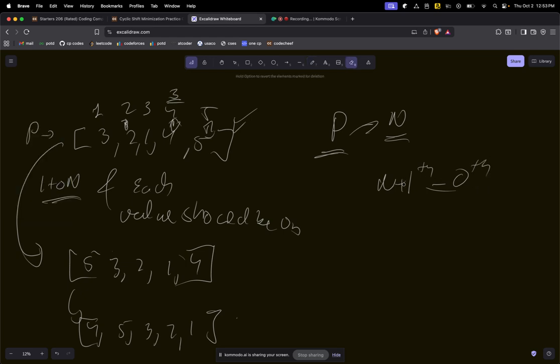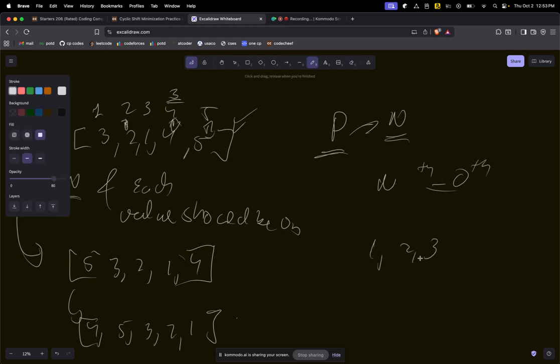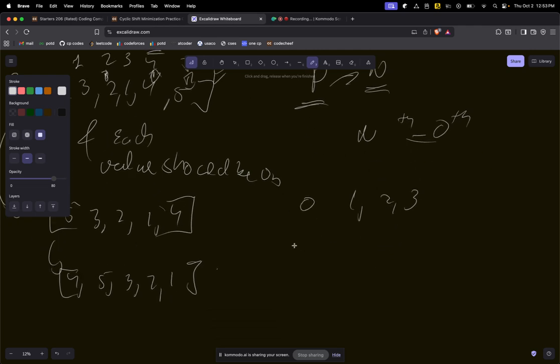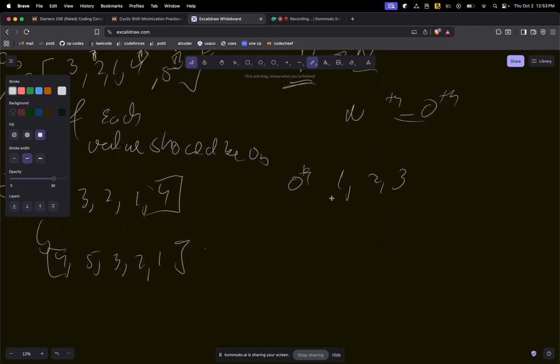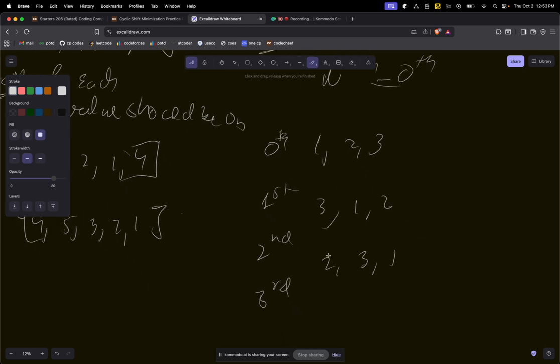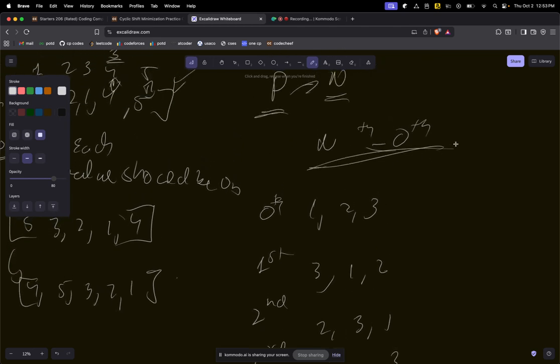Let's say 1, 2, 3 is the 0th cyclic shift, because we haven't shifted it even once. The first cyclic shift would be 3, 1, 2. The second cyclic shift would be 2, 3, 1. And the third cyclic shift would be 1, 2, 3. So the nth cyclic shift is the same as the 0th cyclic shift. So P has only n cyclic shifts.